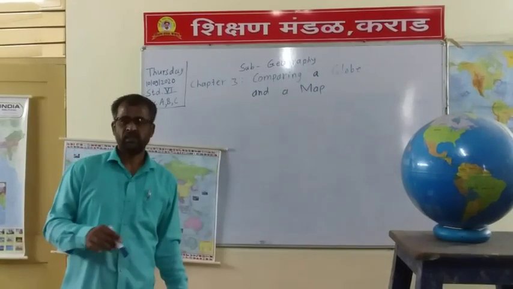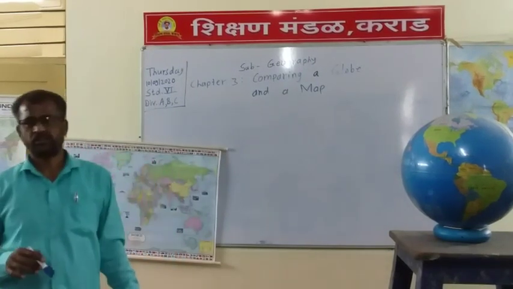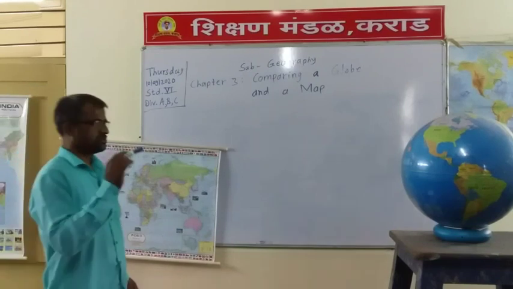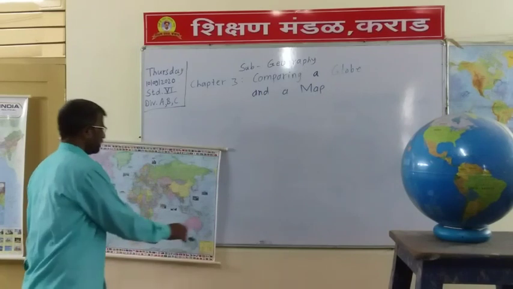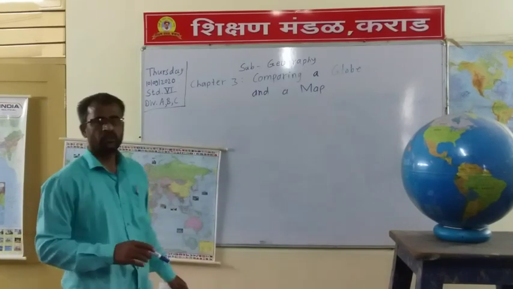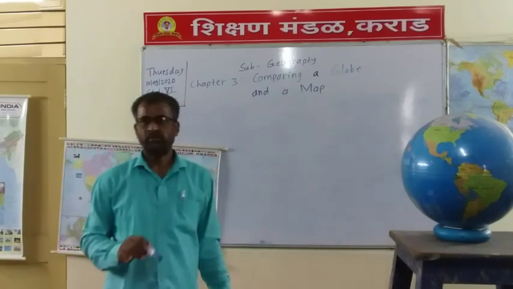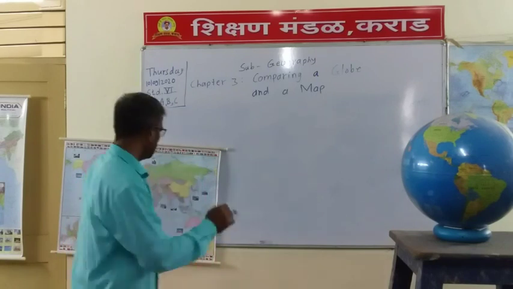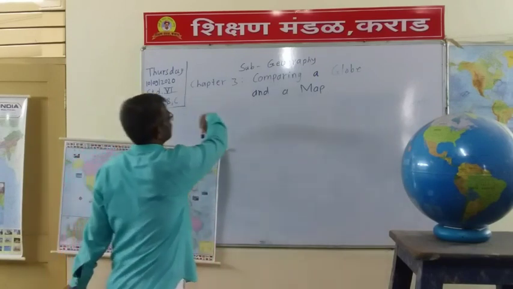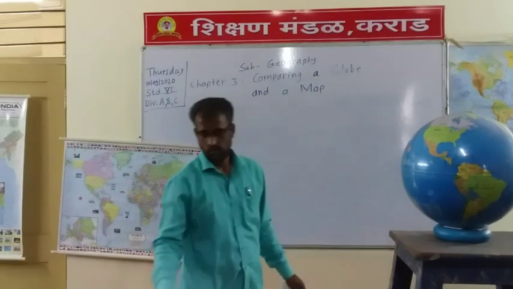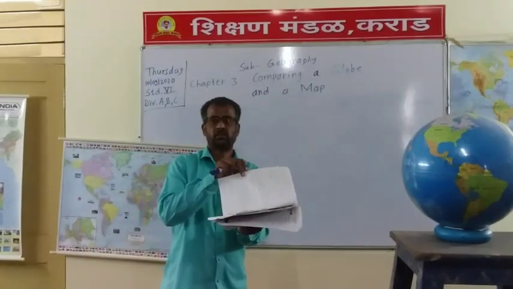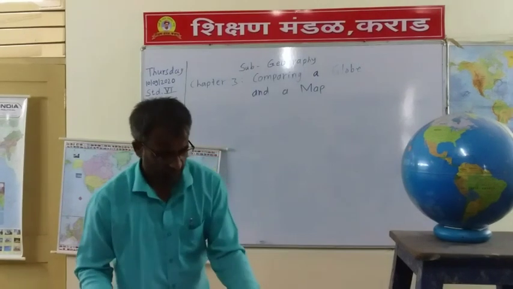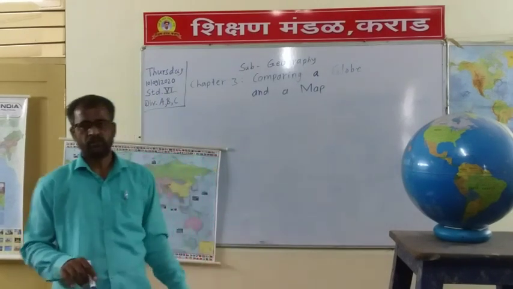What are two-dimensional and three-dimensional objects? A surface having a length and width is called a two-dimensional object. For example, a map, whiteboard, page. These are examples of two-dimensional objects.